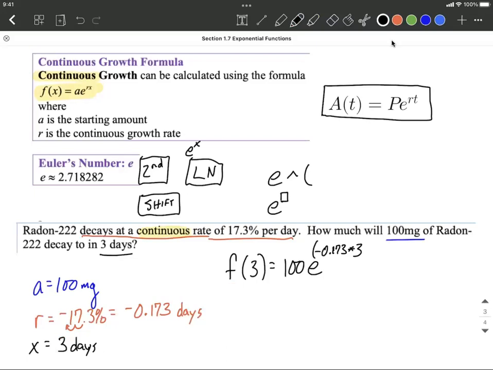That would automatically get started, but I would want to stop my parentheses after the 3. Your calculators may be different, but that's why it's important to practice with these to get really comfortable with your calculators. Now, because this is decaying, we'd expect to have less than what we started with. I got this to work out to be 59.512, and our units are going to be the same as what we started with. They're going to be in milligrams.